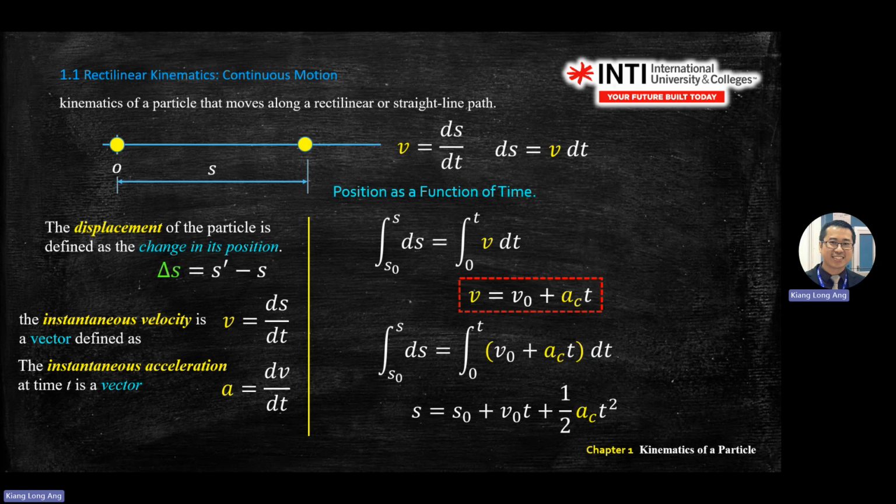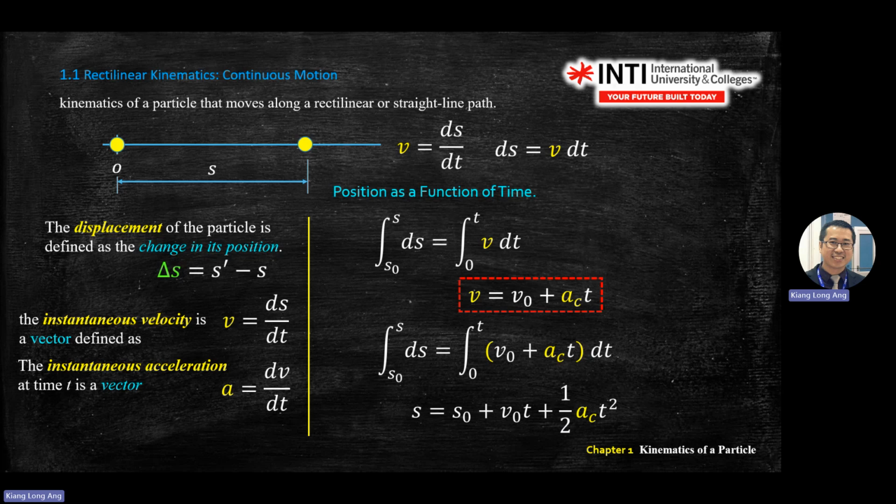But it depends. Sometimes, if you're lazy, you can just put delta s there. So for the second equation, I'm a bit lazy, so I put delta s. Delta s means s minus s0. It's a change of location. Right? Now this is a vector, so when it comes to questions, don't think like you did in your statics.